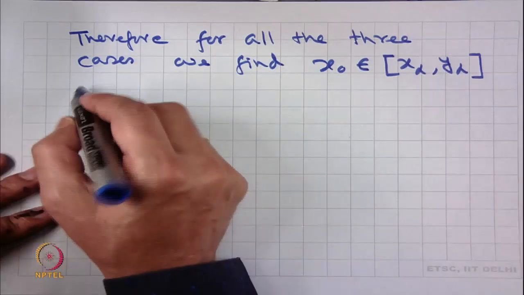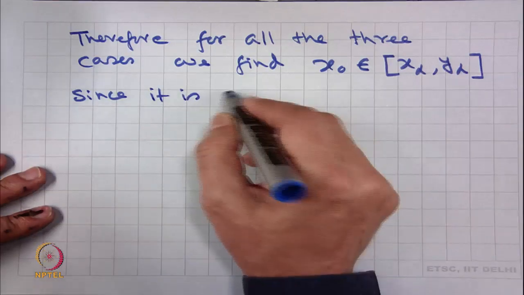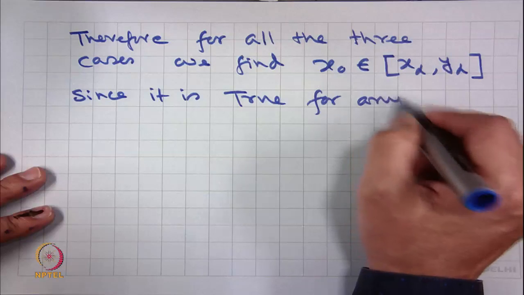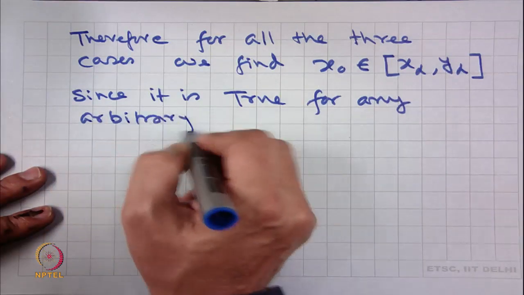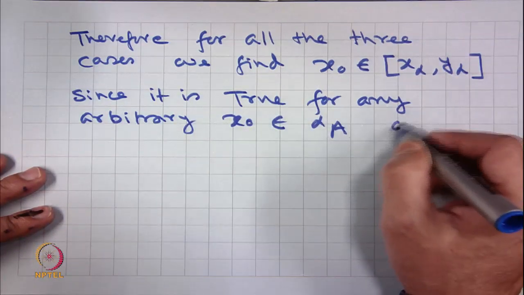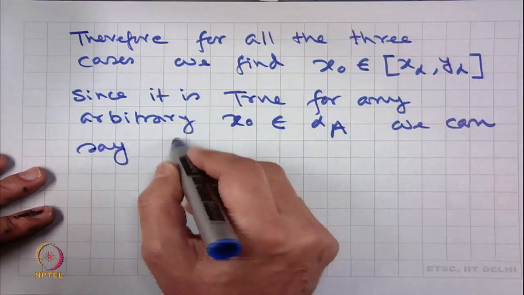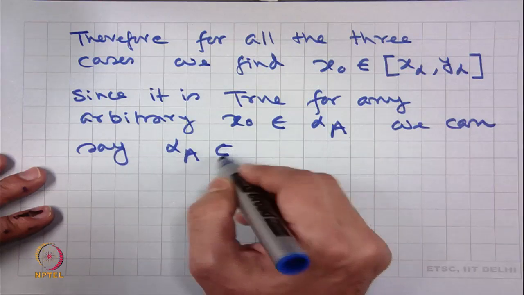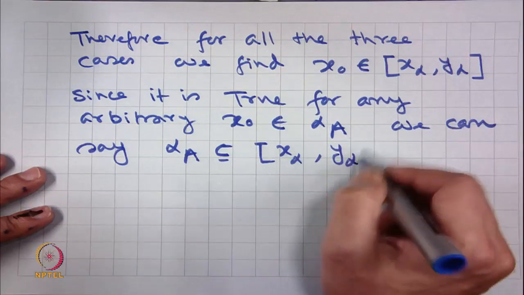Since it is true for any arbitrary x naught belonging to alpha cut of A, we can say alpha cut of A is contained in x alpha to y alpha.